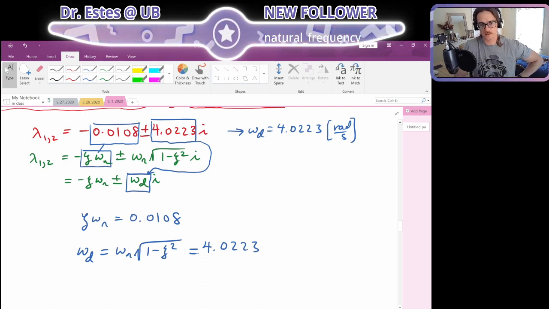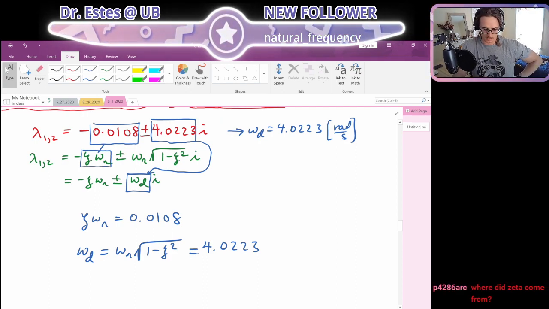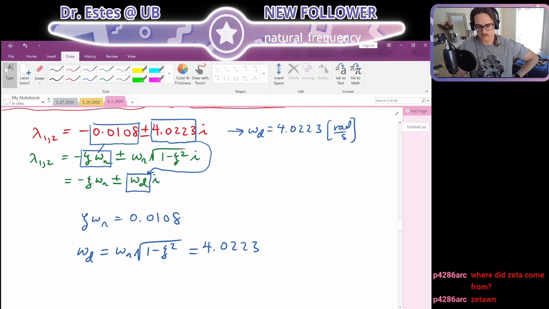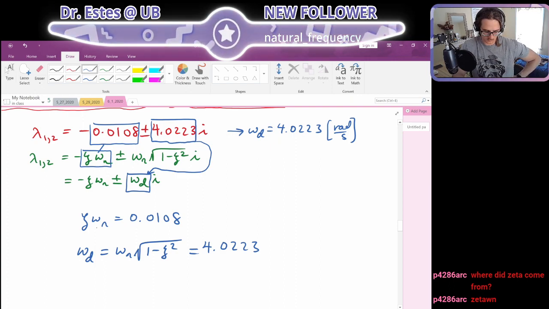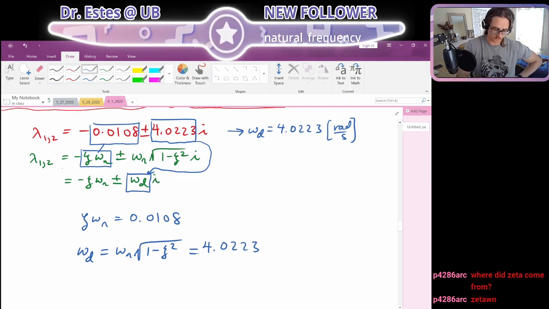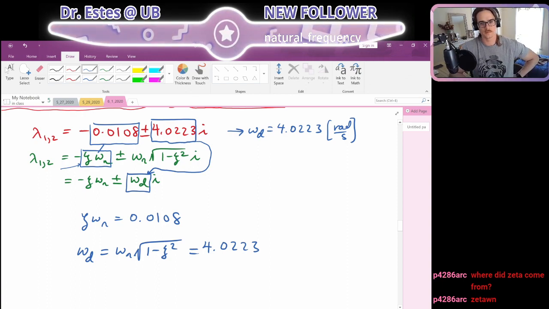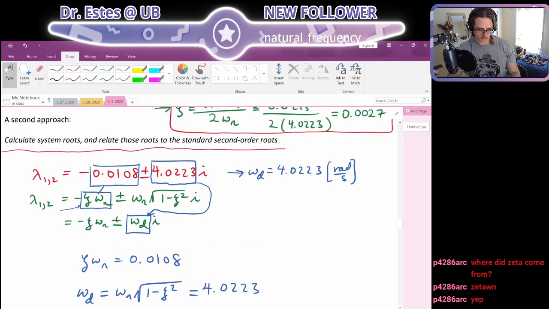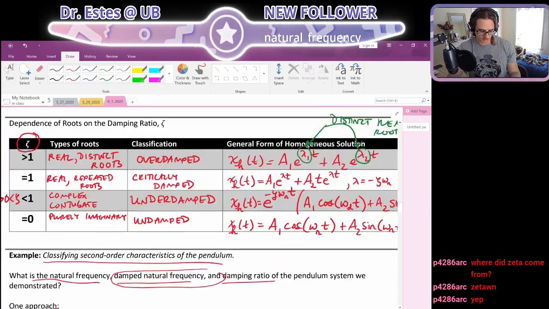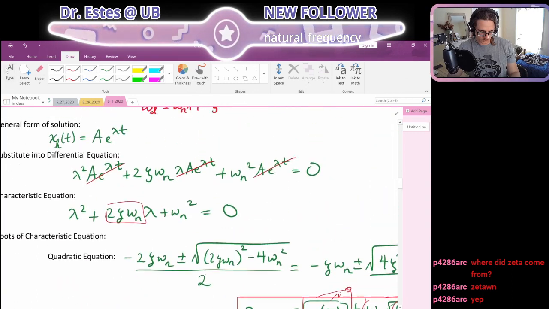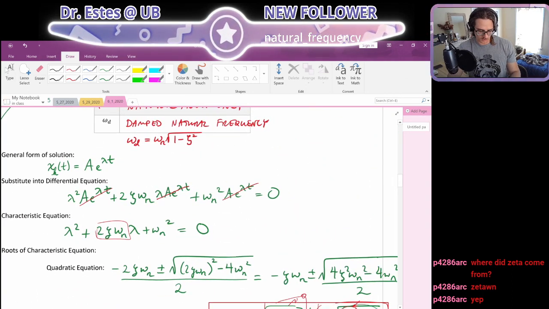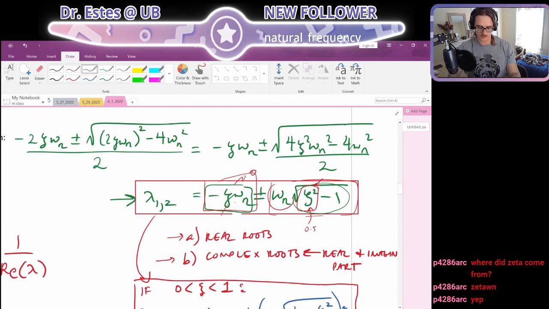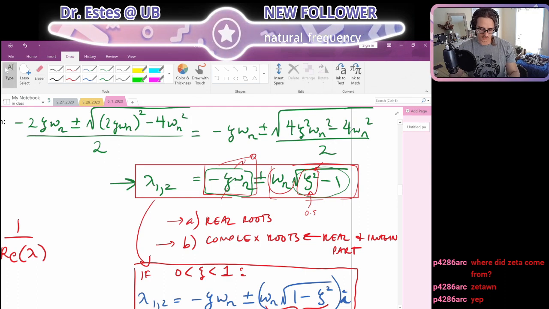I think this method's a little harder. Where did zeta come from? The zeta omega n? Like this? This came from, if you find the roots of the standard second order form, you get this.